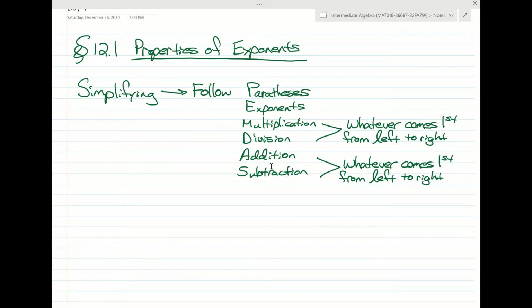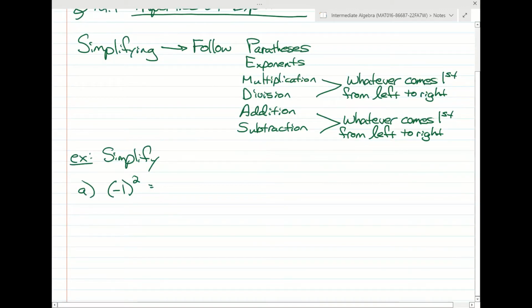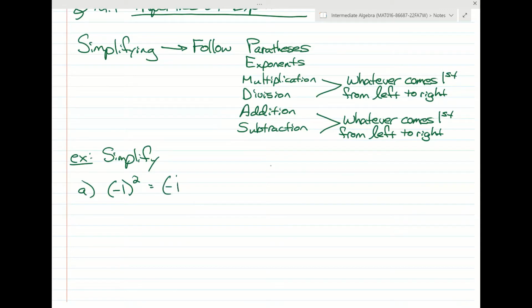All right, so if I asked you to just simplify and I asked you to do (-1) squared, which this means is you're squaring what's in parentheses, so -1 times -1, which is just 1.